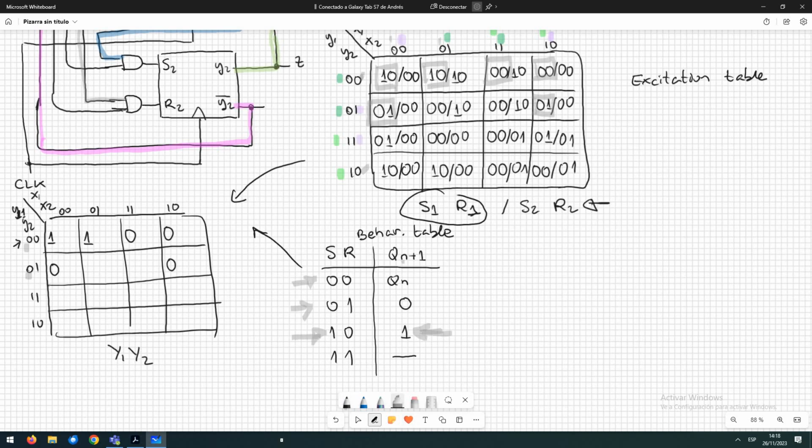And here we have 0, 0. With 0, 0 we keep the state. So if the state is 0, then the next state is going to be 0 as well. So now we are in the case in which the current state is 1 and we receive 0, 1. With 0, 1 we reset the system, so the next state is going to be 0.